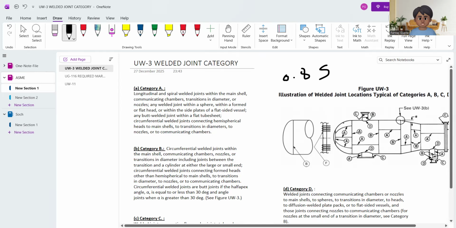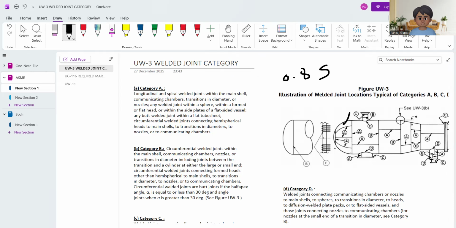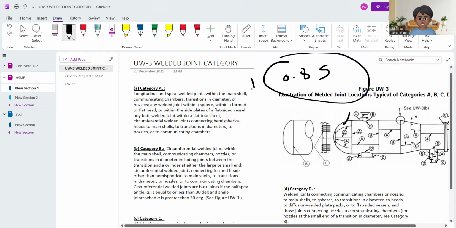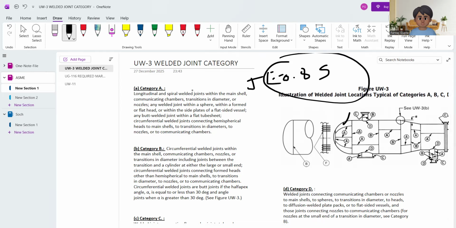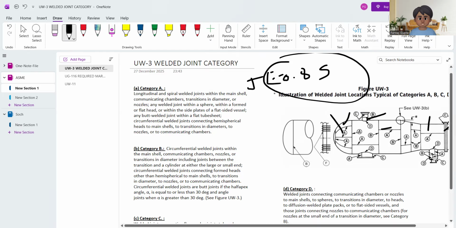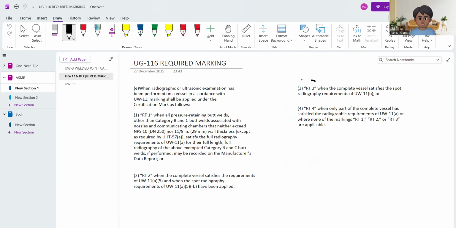Even for the dish head, whether the dish head is seamless or welded, we need to take everything as joint efficiency equal to 0.85 in case of RT3 requirement. Even nozzles, neck, dish head, shell, even any standard part, we need to consider a joint efficiency equal to 0.85 if we are qualifying for RT3 requirements.